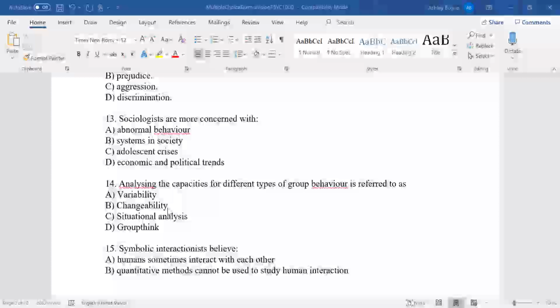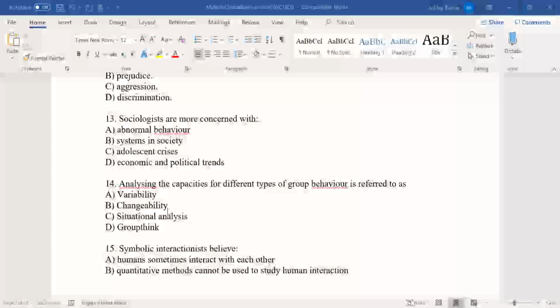Okay, so number 11, helping others for unselfish reasons is called A, altruism, B, egoism, C, situationalism, or D, influentialism. Okay, yeah. The answer is A.